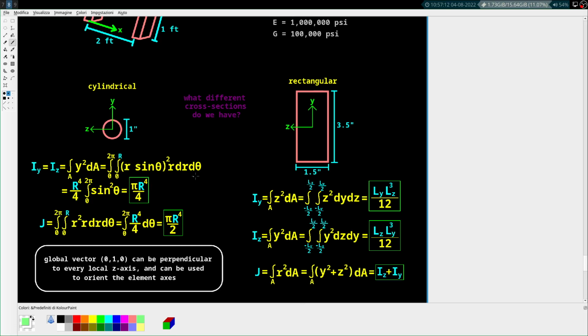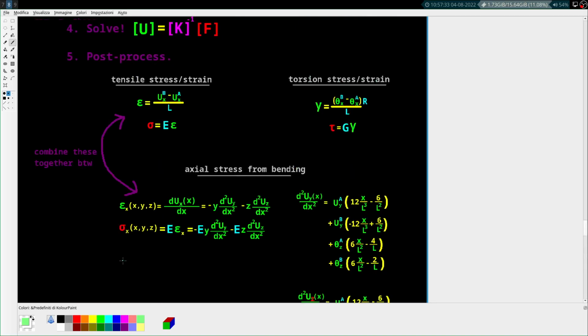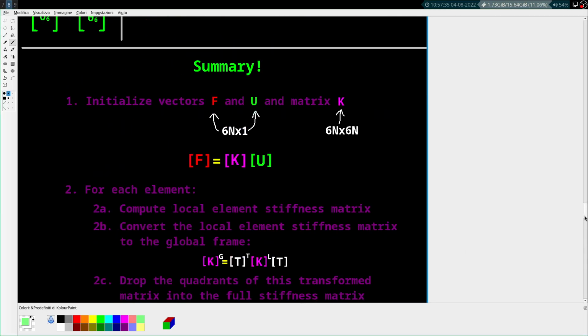One cool takeaway, though, that I didn't really know until recently: the polar moment of inertia is just the y and the z area moments of inertia added together. Very cool. I didn't realize that, but that's always the case. Interesting. And also, we're going to be using the global vector 0, 1, 0 as our vector v. Let's scroll up.